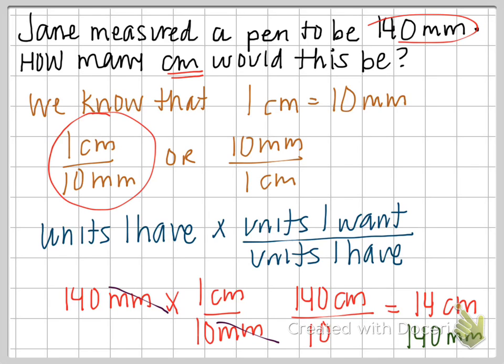Same value, fewer of the larger unit, more of the smaller unit, but the same value. And we've just converted from millimeters to centimeters.